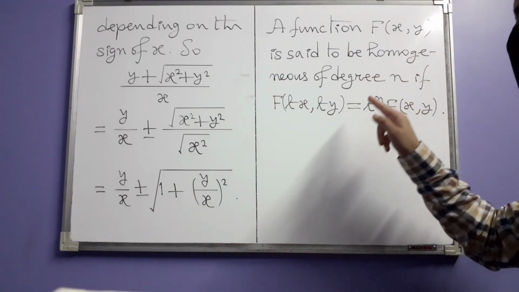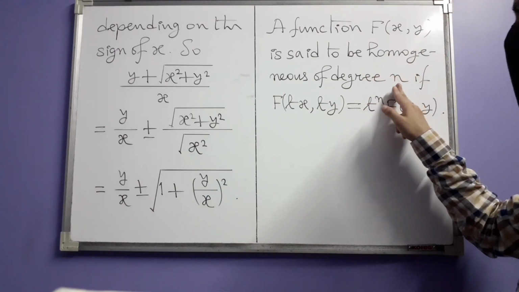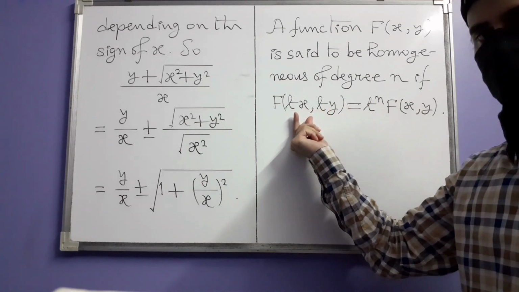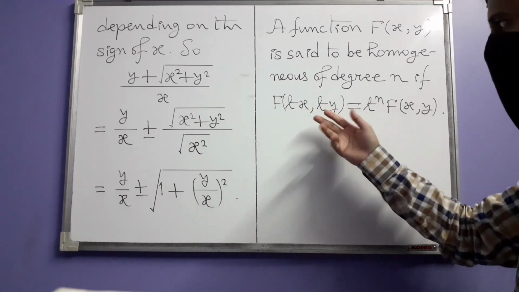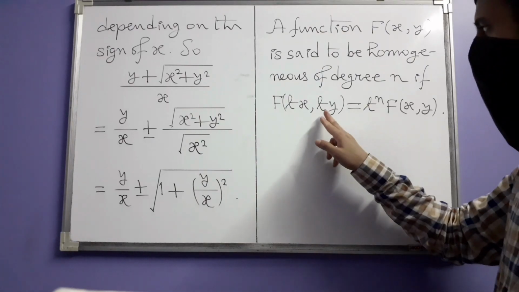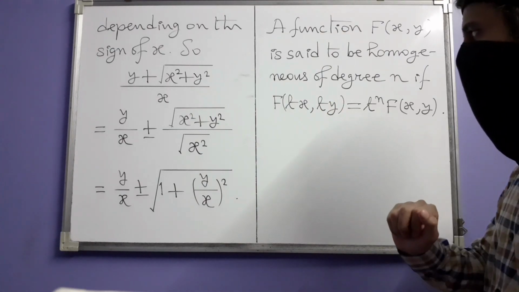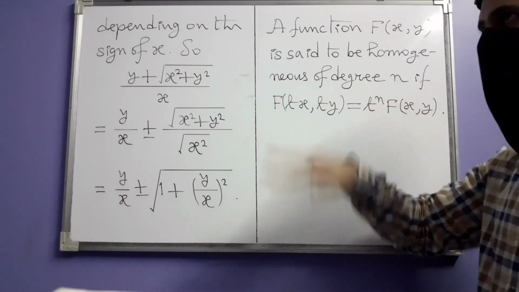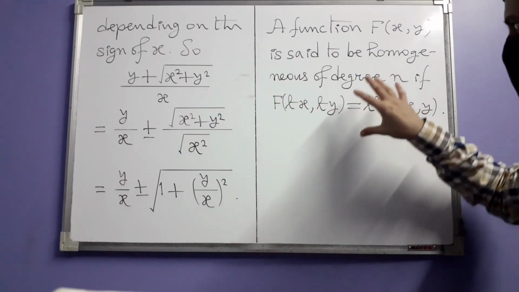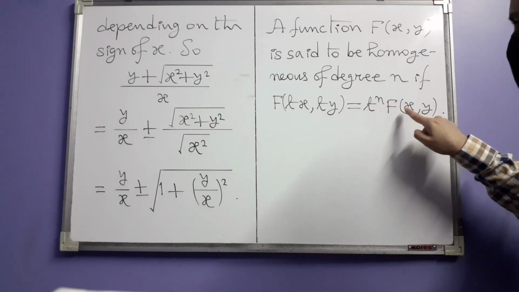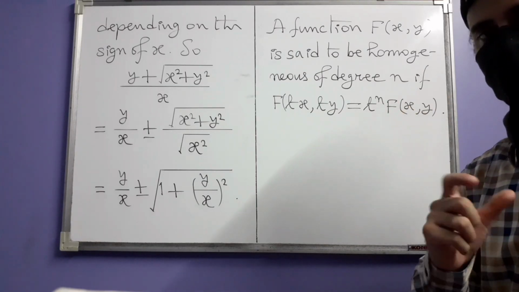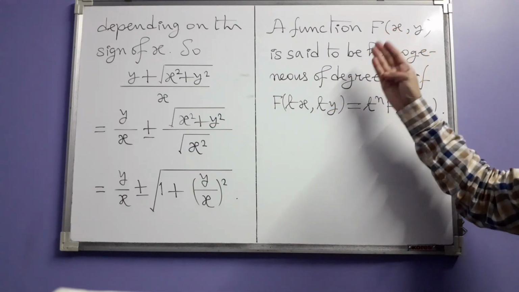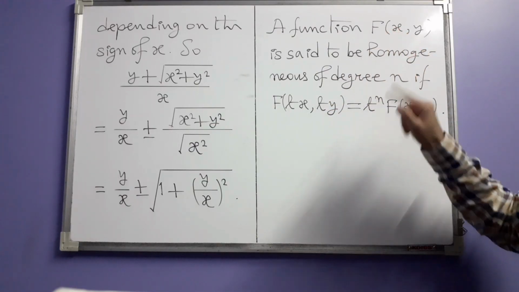It is said to be homogeneous of degree n if when you replace x with tx, where t is some parameter, and you replace y by ty, then you can take t to the power n outside, and whatever you are left with will be your original function expression f of x comma y. If this happens, then we call this f homogeneous of degree n.